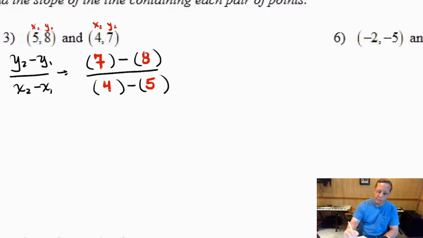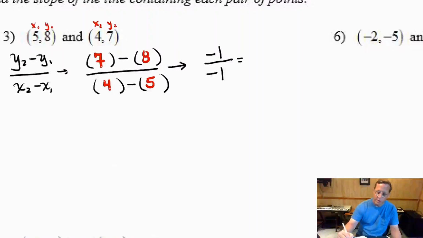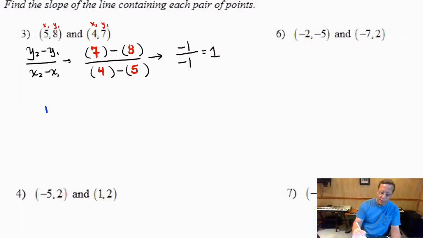So there's nothing tricky about the way that one's set up. 7 minus 8 is -1, and 4 minus 5 is -1. A negative divided by a negative is positive, so that equals 1. This has a slope of 1. M is the symbol for slope, by the way.